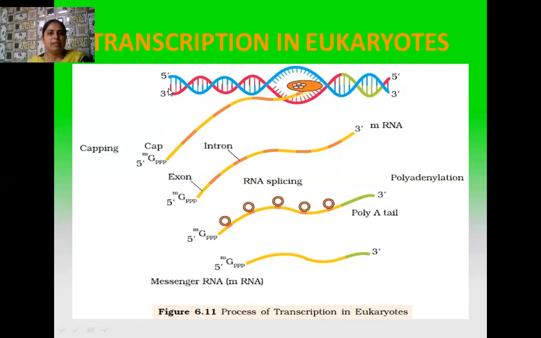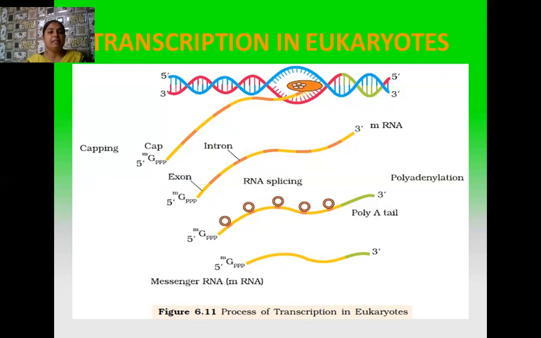So again, there is one strand of DNA, that is the 3' to 5' strand, and this strand behaves as the template strand. Again, there is not a single DNA dependent RNA polymerase. Instead, there are 3 RNA polymerase enzymes here.